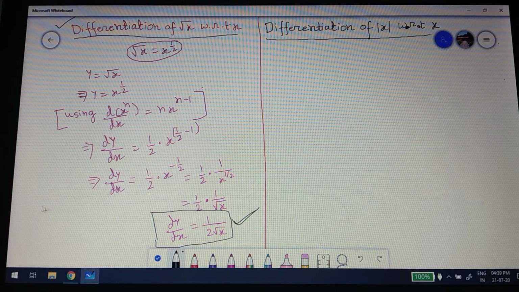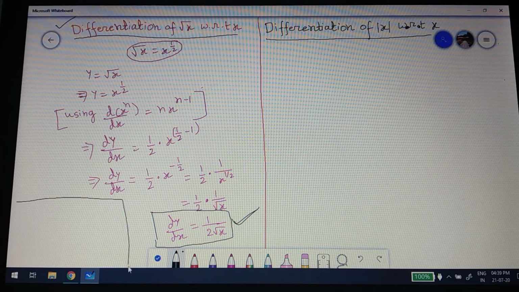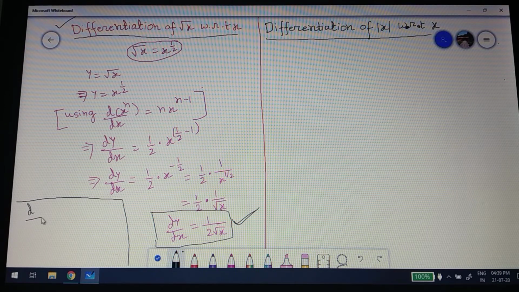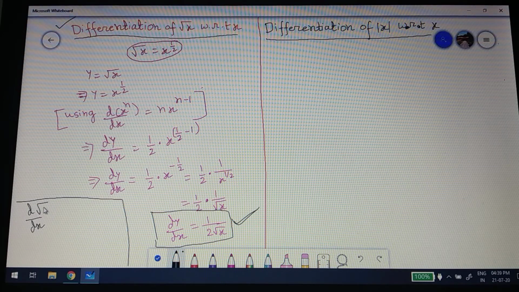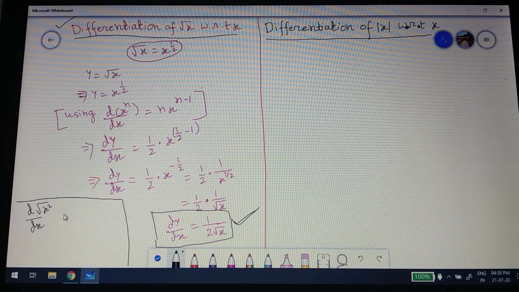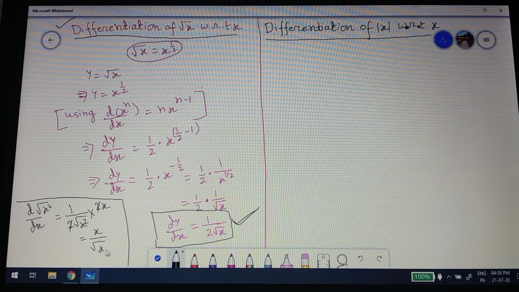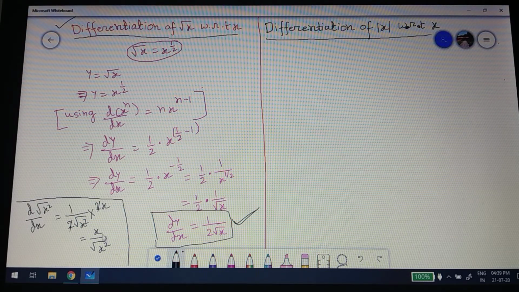Similarly, if you want to calculate derivative of root x square, it will be 1 upon 2 root x square according to this formula into derivative of x square, that is 2x. 2 and 2 cancel, so we will get x upon root over x square. Again you can cancel it.